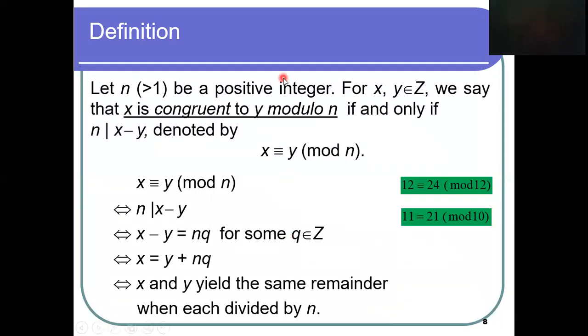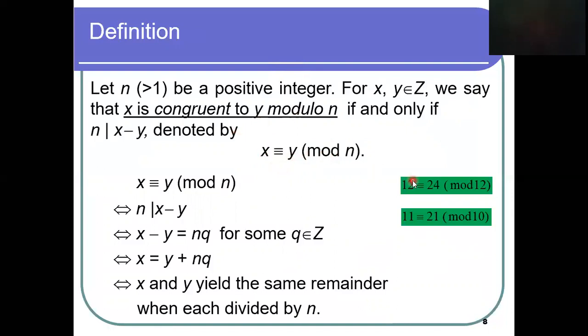Dear student, what does congruent modulo n mean? If you have two numbers, say a is congruent to b, this is not equality, this is congruence in mod n.